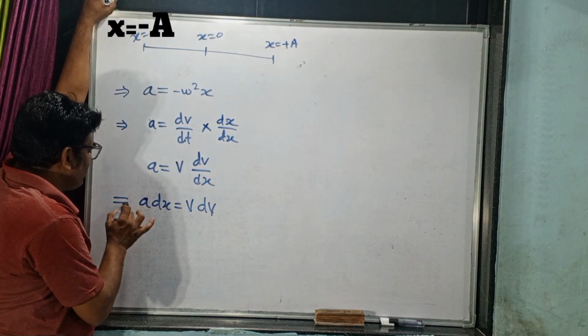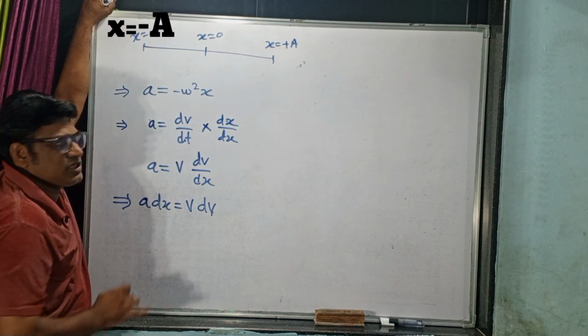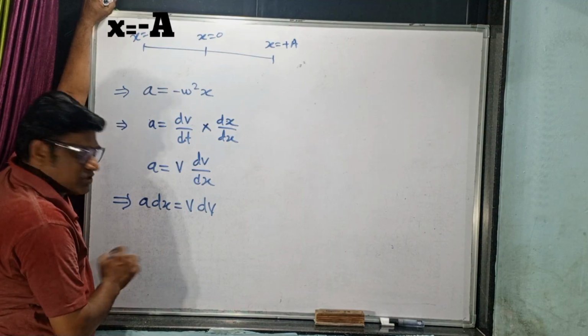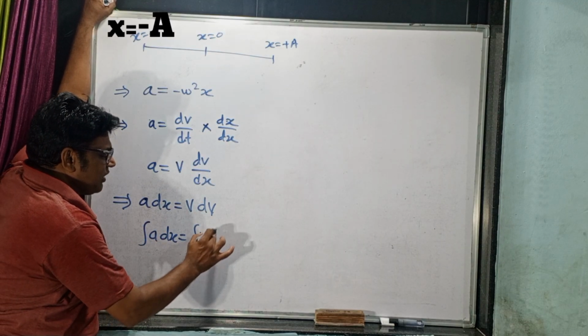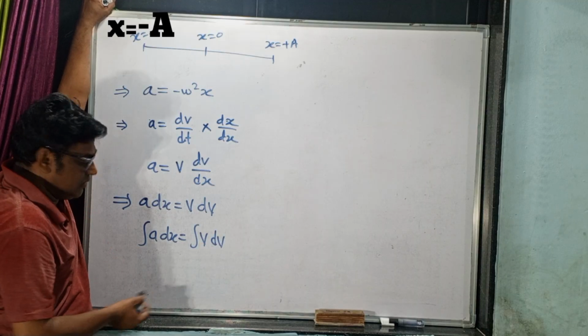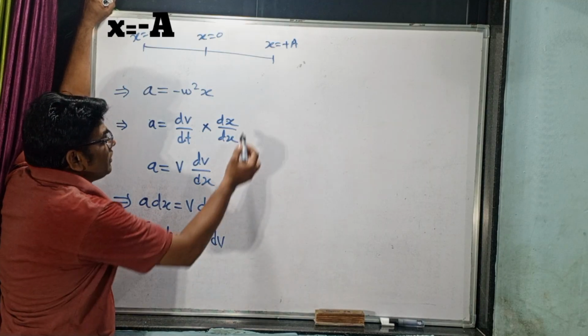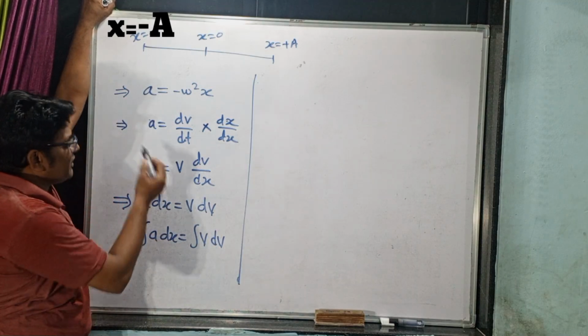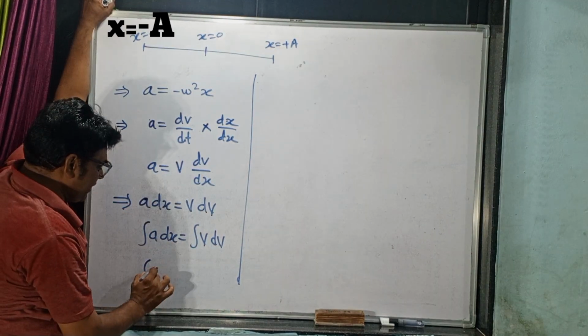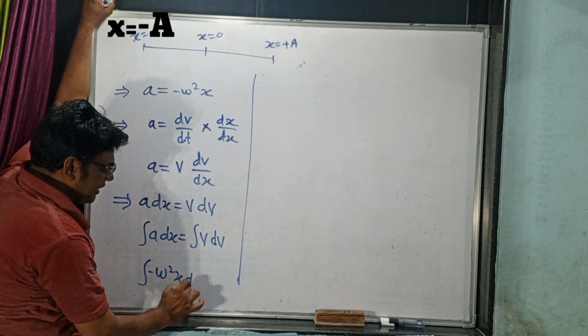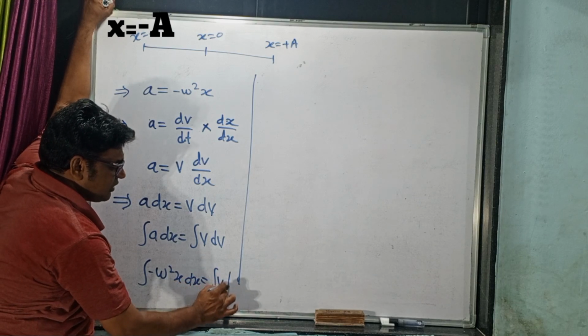Now what will we do? We will integrate this equation. Integrating on both sides, we get integration of a dx is equal to integration of v dv. Now let us put the value of acceleration here. What is the acceleration? Integration of minus omega square x dx is equal to integration of v dv.